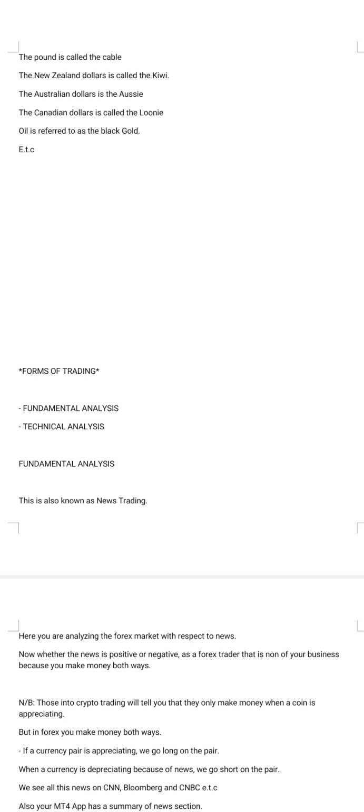So those that trade USD pairs, like USD JPY, Japanese yen, USD CAD, Canadian dollar, or anything that trades against the dollar, you need to be updated with news on what is happening in the US economy, because the central bank can bring out news that will just affect the movement of price.